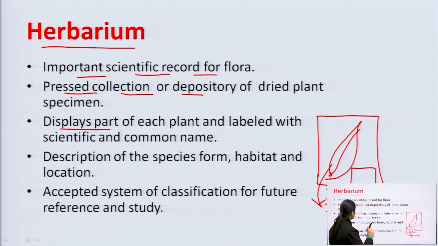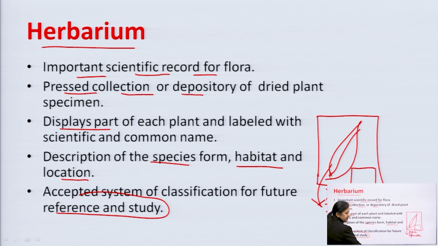Now this information has to be its plant genus name, its species, its habitat, its location, आपने कहाँ से collect किया, कौन सी species है, what is the environment you have taken it from. So that becomes your herbarium, and whenever you need to collect the same plant, you can refer to the herbarium so that it helps you in the reference and the study, right?